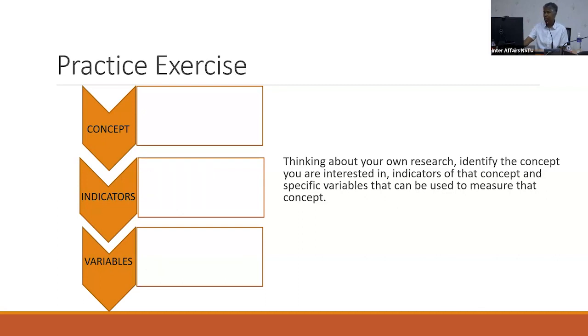Okay? So we don't have time now, and we're not together as a group, but I want you to think about this exercise. I want you to practice this by writing down what is a key concept that you're interested in, what are the indicators of that concept, and what are the specific variables that you will measure to capture that concept.